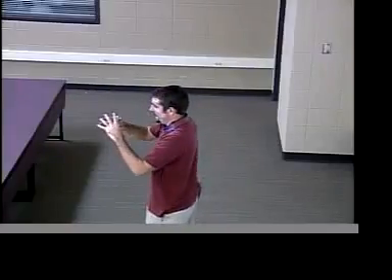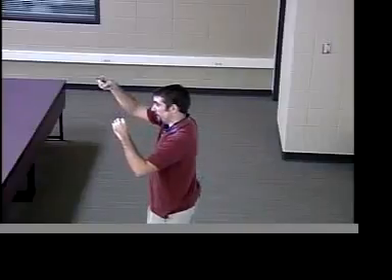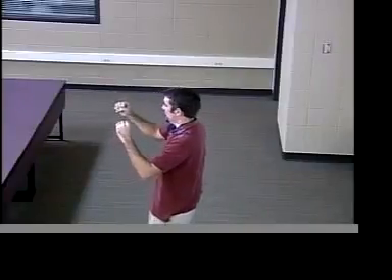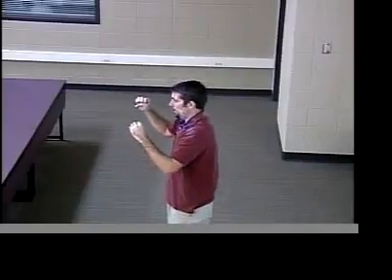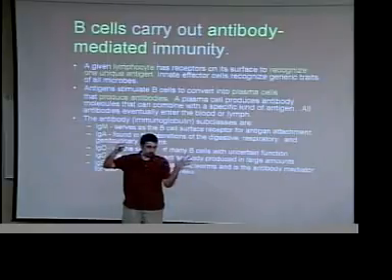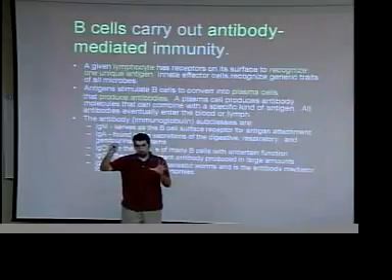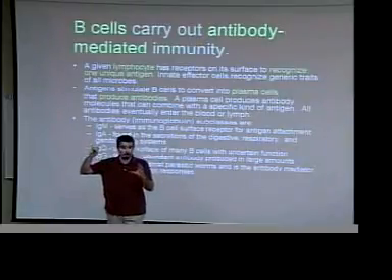Say one of them divides in two, now you've got two. That one is gone, it's split into two. One of them might stay that way to be a memory. It'll stay there. It'll be what's called a memory B cell. The other one could divide even more and make a whole bunch of what are called plasma cells, which load up on endoplasmic reticulum and are protein factories. They crank out all these proteins that we call antibodies.